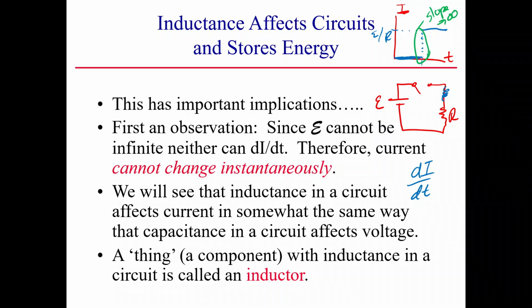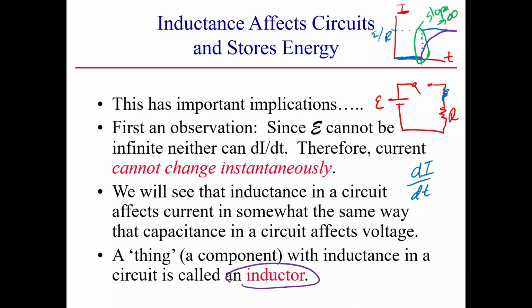And so instead of increasing instantly, as soon as you close that switch, it's going to approach an asymptote at E over R. What inhibits that current jump is actually that back EMF. So that's what we're going to see is going to happen.